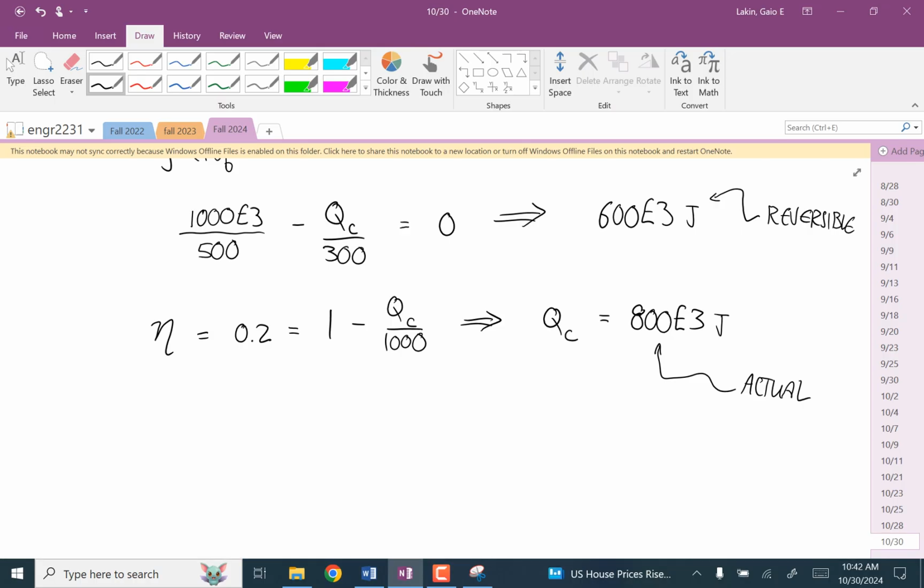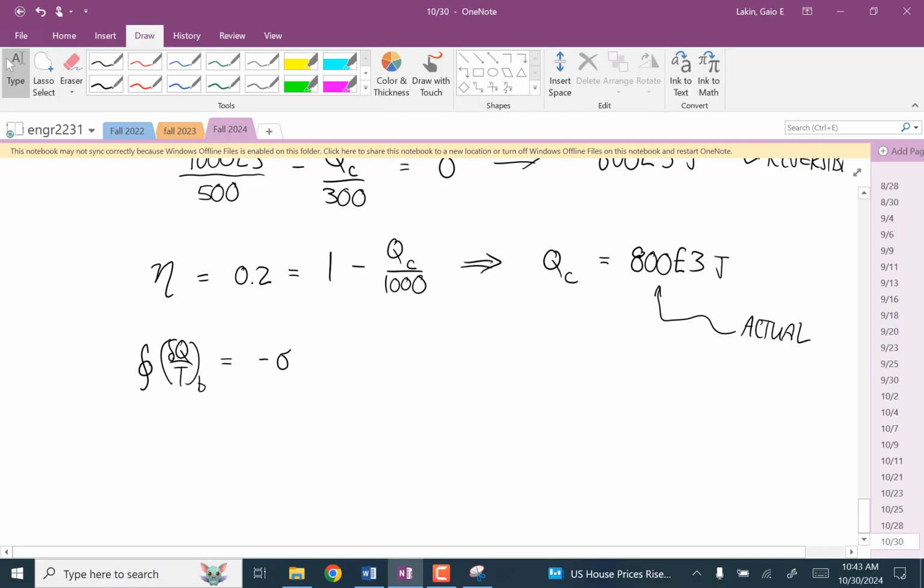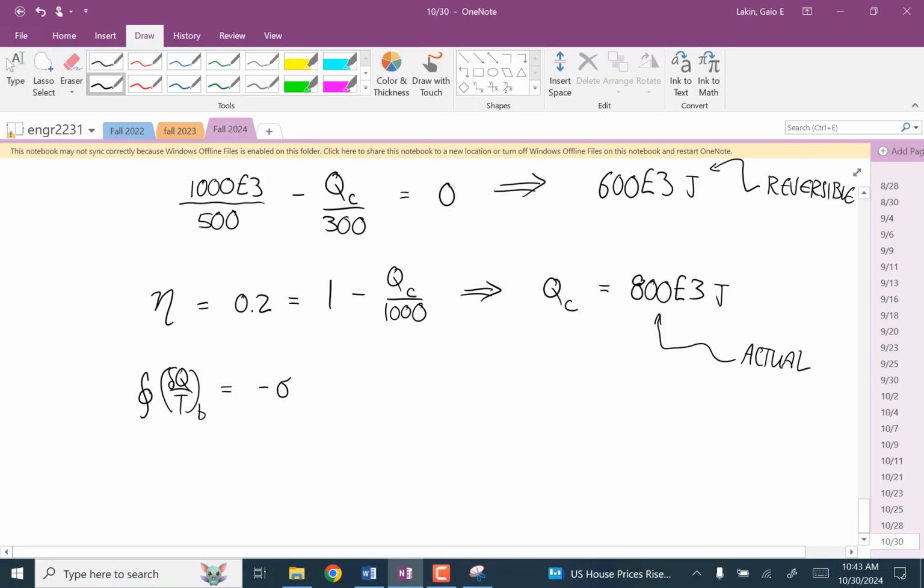And now we can use this with the Clausius inequality. This is equal to negative this variable sigma. And so we have 1,000 times 10 to the third over 500 minus 800 times 10 to the third over 300 is equal to negative sigma.